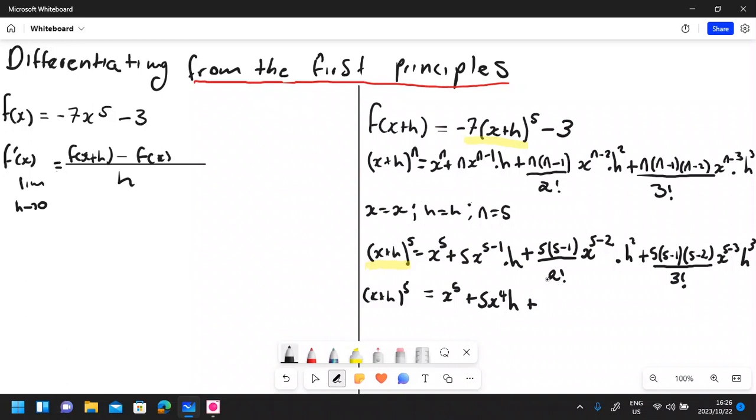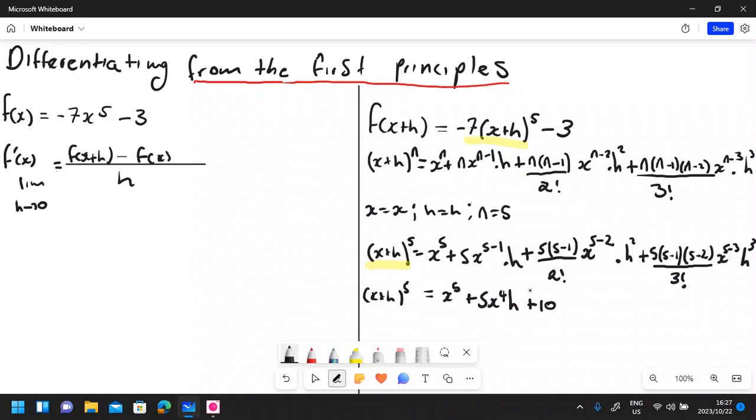Basically just click shift, then you click the button with the x to the power of minus 1, and then you get the factorial there. So your answer is supposed to be 10, if I'm not mistaken. I think that is supposed to be it.